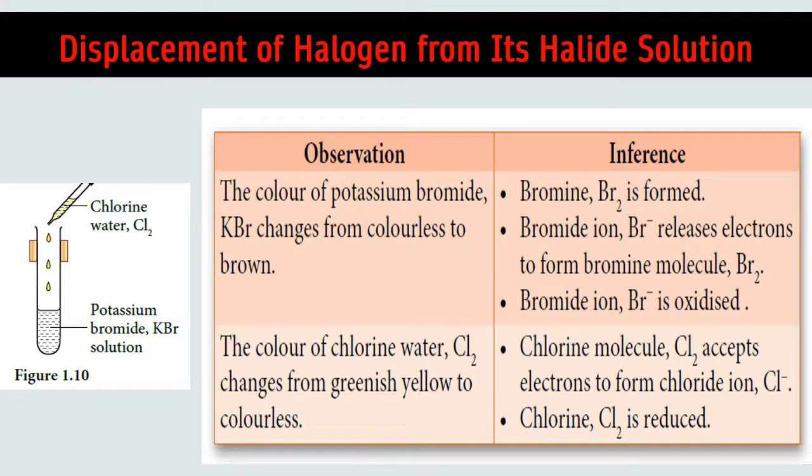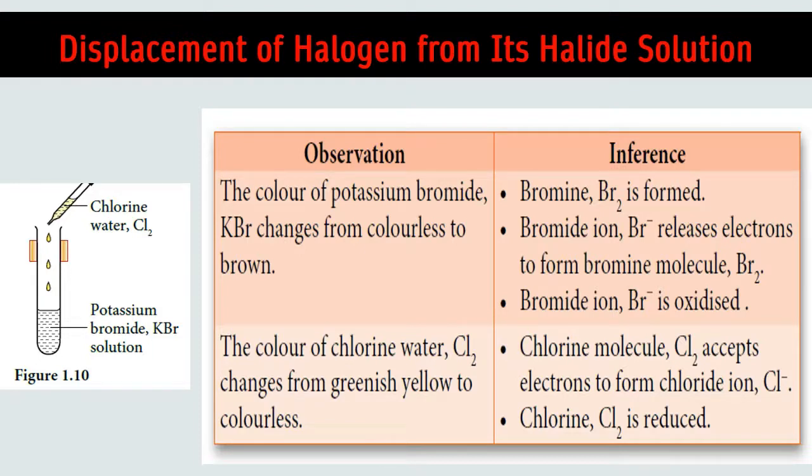Let us discuss the observations and corresponding inferences for these reactions. In these reactions, the color of potassium bromide, which is KBr, changes from colorless to brown. It is a better answer if we don't write the name of the substance.